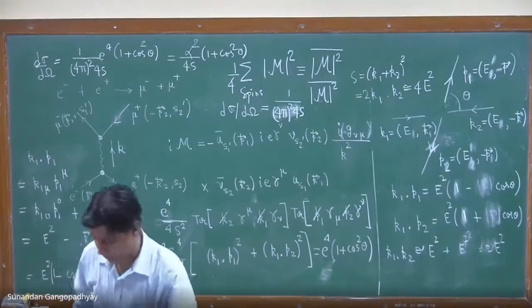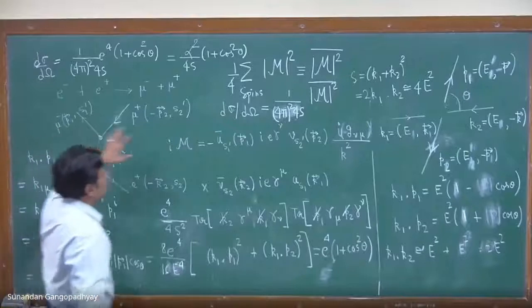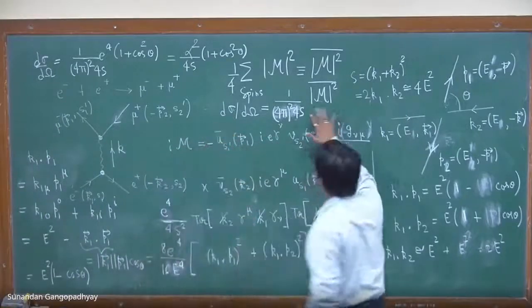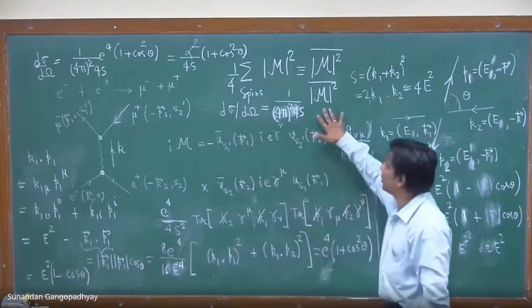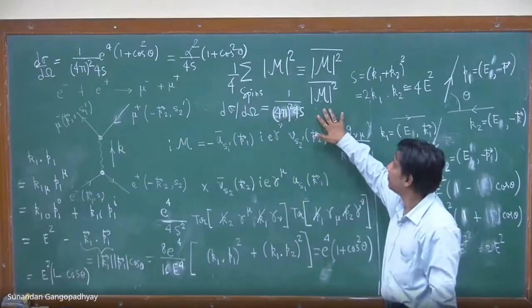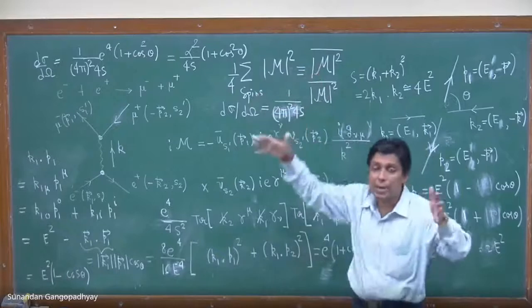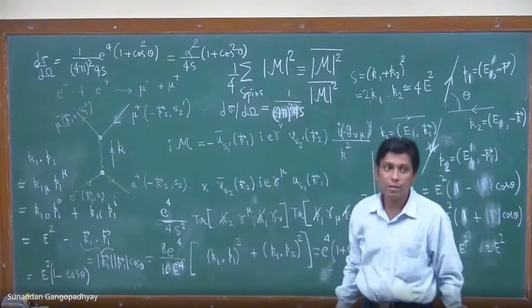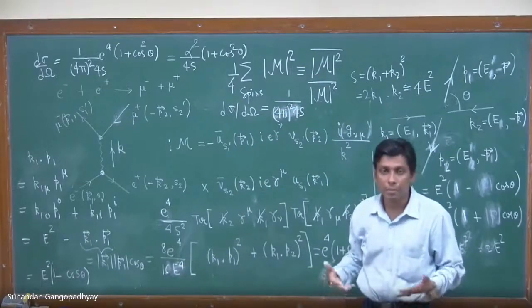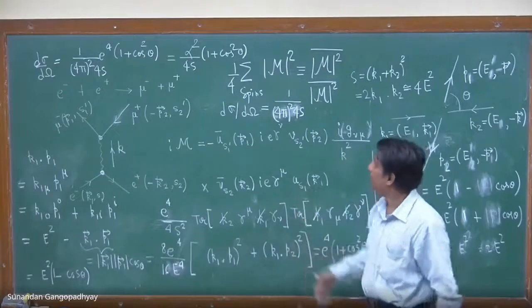Is this clear? Sir, that 4s term is only for the center of mass frame. See, this is the formula that you can derive for the differential scattering cross section in the center of mass frame. This quantity is basically this that we have calculated. That is the matrix element for this process that we have calculated using the Feynman rules for the diagram.